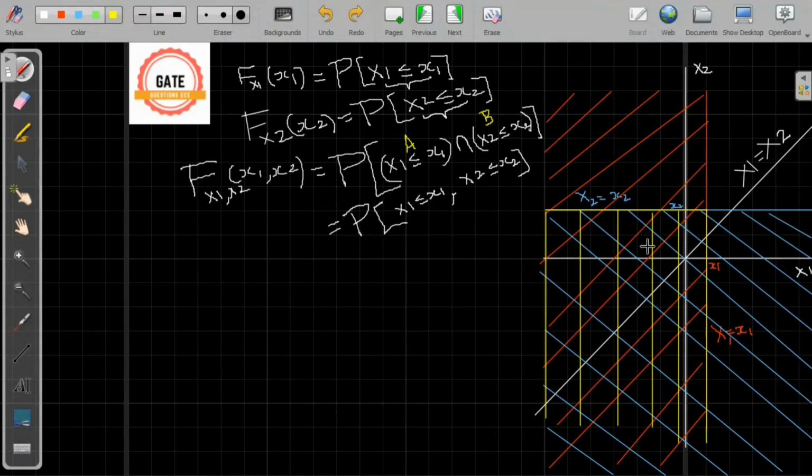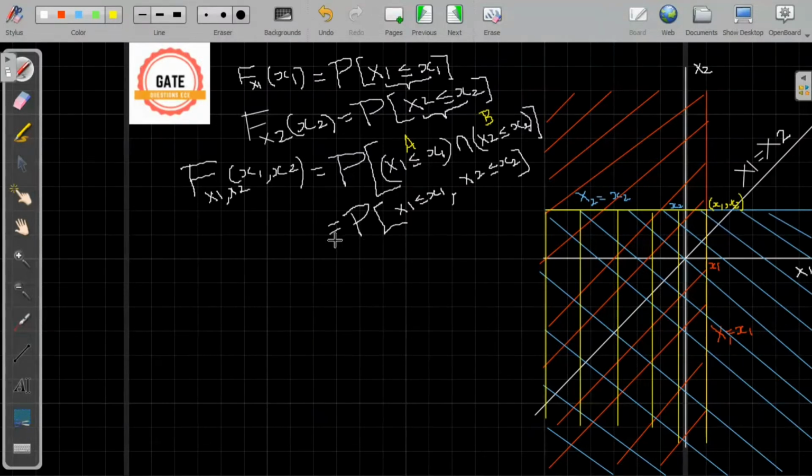You note down very carefully that this region has one corner point. That corner point is this point. And the coordinates of this corner will be (x1, x2). So depending upon the values of x1 and x2, this corner can lie above this line, like I have drawn in this case.